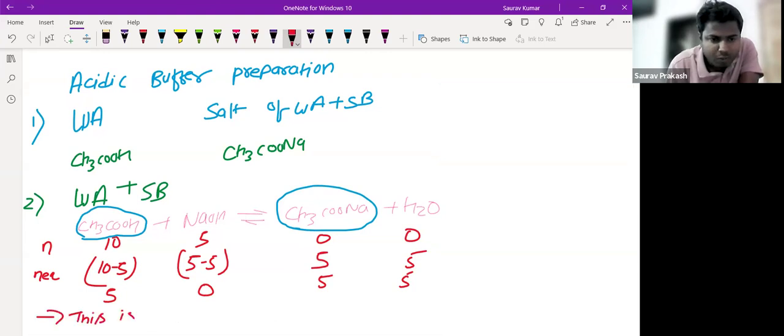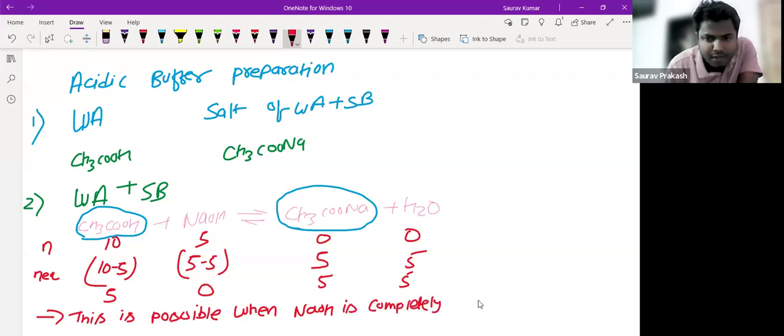This is possible when NaOH is completely used up.